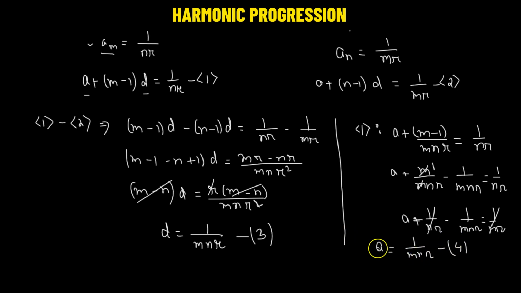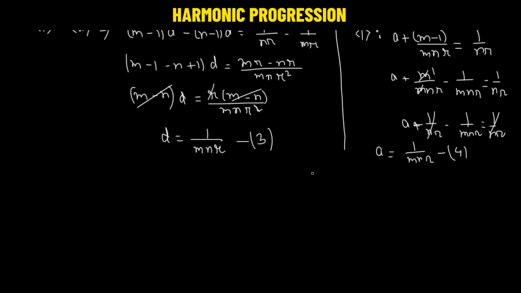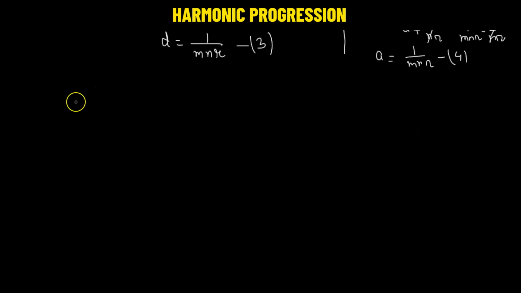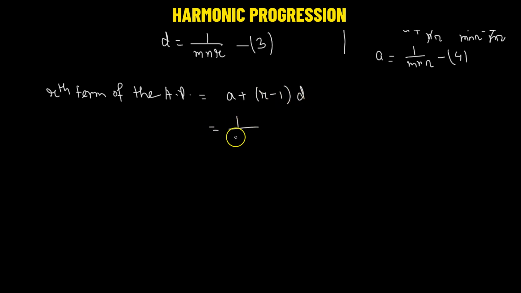Now that we have the first term and the common difference, let's find the rth term of the arithmetic progression. The rth term will be given by a plus r minus 1 times the common difference d. Let's substitute the value of a as 1 over m n r, plus r minus 1 multiplied by d, where d is 1 over m n r.